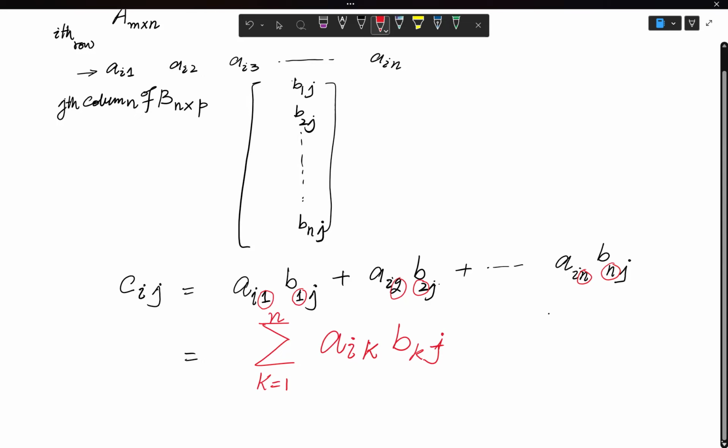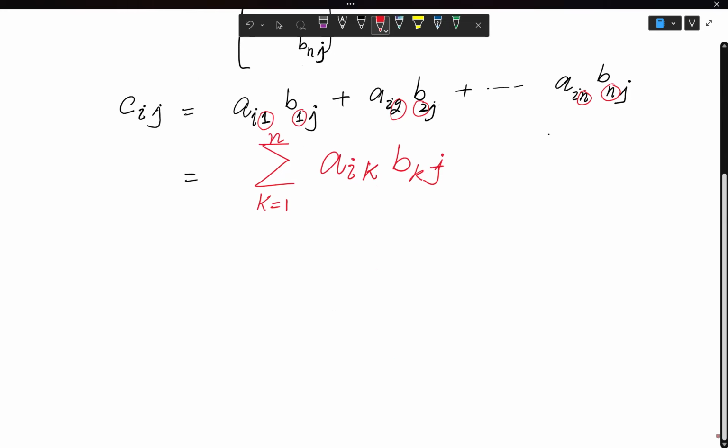So this makes our algorithm that every element Cij will come from the multiplication of the ith row of A and jth column of B, right?